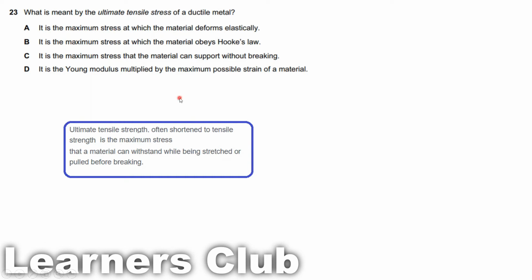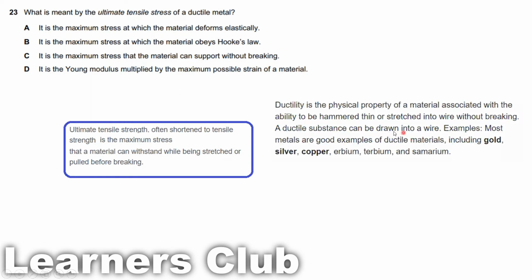tensile stress. And ductile materials are materials that can be drawn into wires. Examples are metals, including gold, silver, copper, etc. Okay, let's read the options. It is the maximum stress at which the material deforms elastically. No, it's the maximum stress before it breaks.